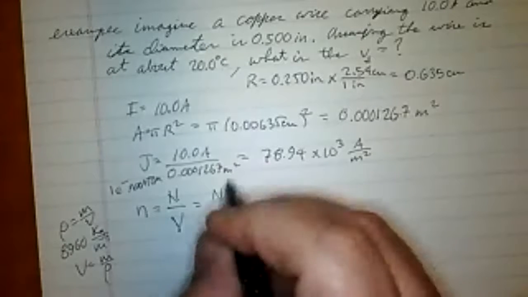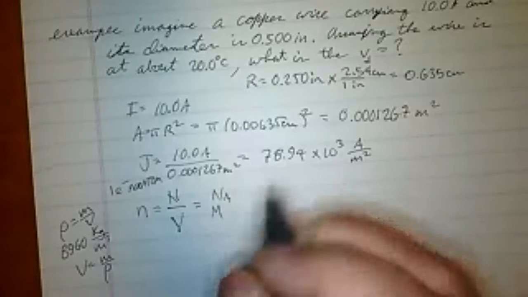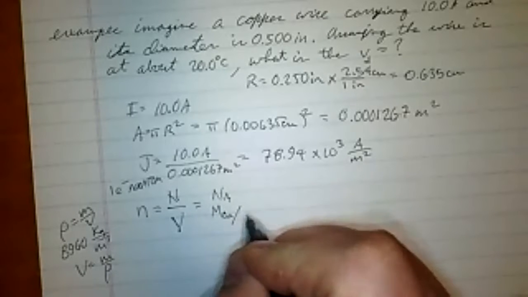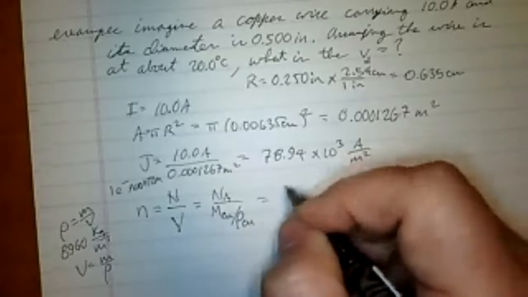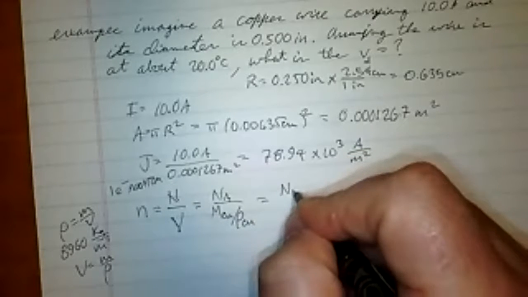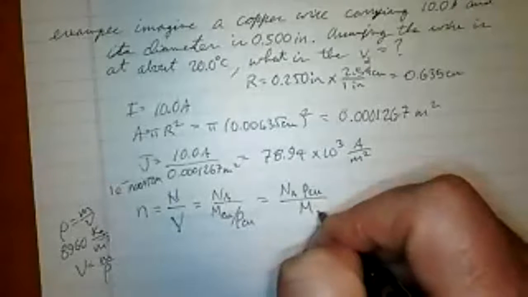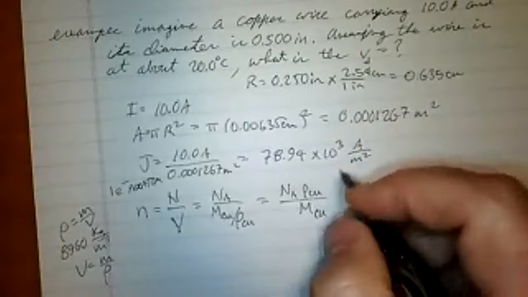So we'll say this is the M copper divided by the density of copper. So ultimately we get Avogadro's number times the density of copper divided by the atomic mass of copper, which I said was 63.546 grams.